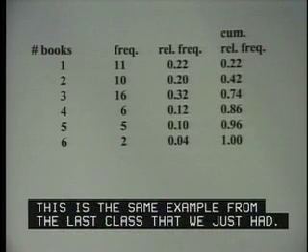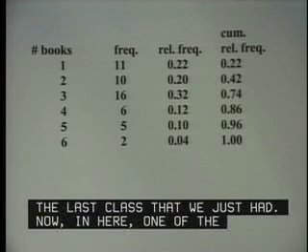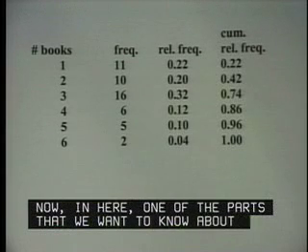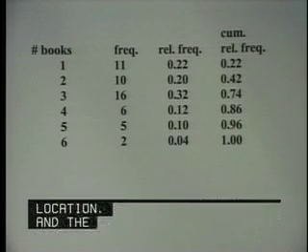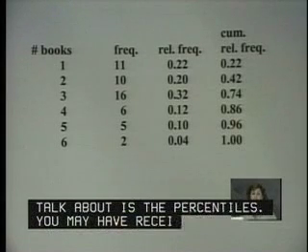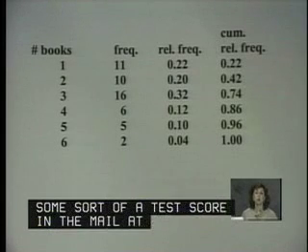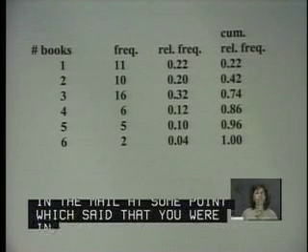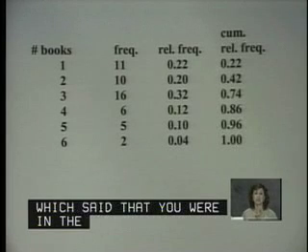Now, one of the parts that we want to know about is how to describe the measures of location. The first measure of location that we're going to talk about is the percentiles. You may have received some sort of a test score in the mail at some point which said that you were in the 90th percentile or the 70th percentile of some form of a test.